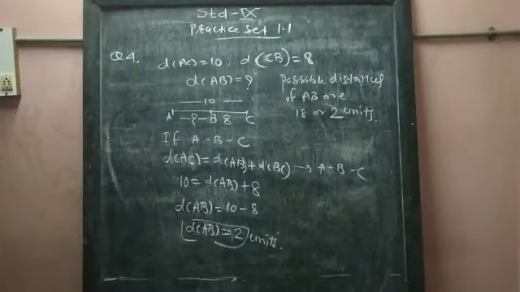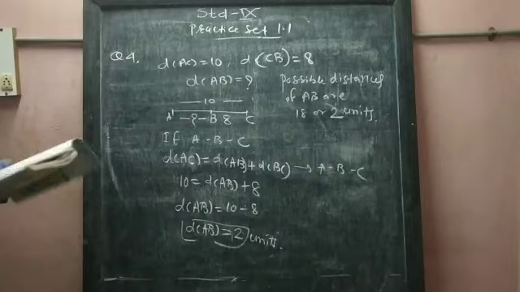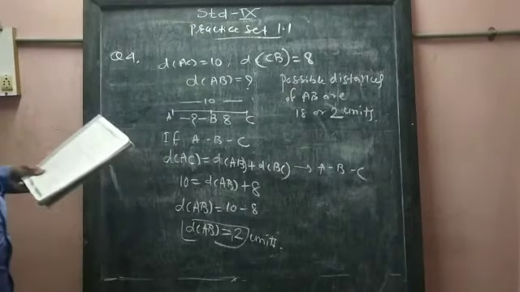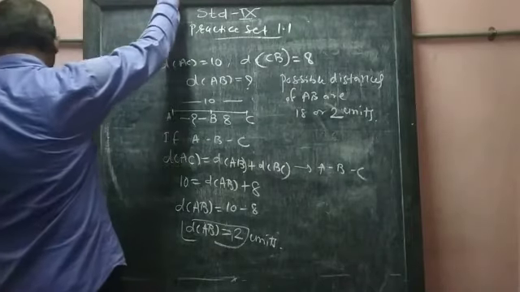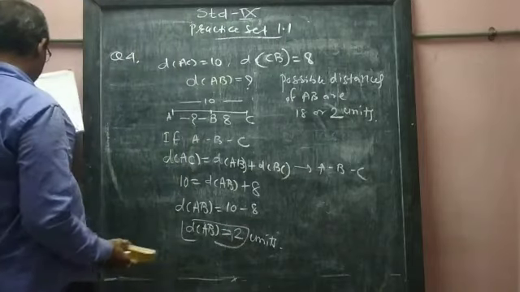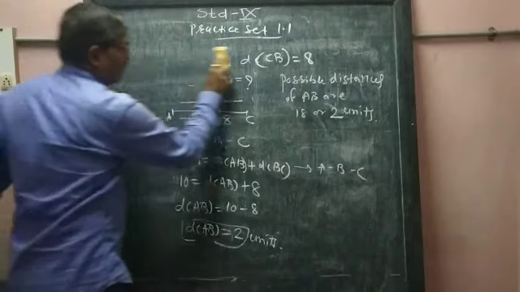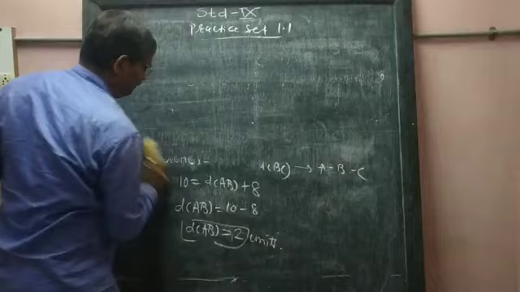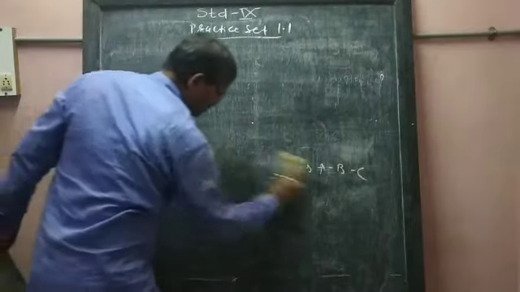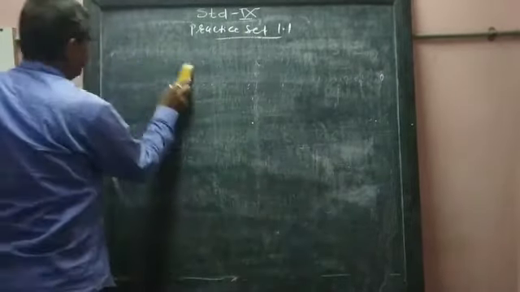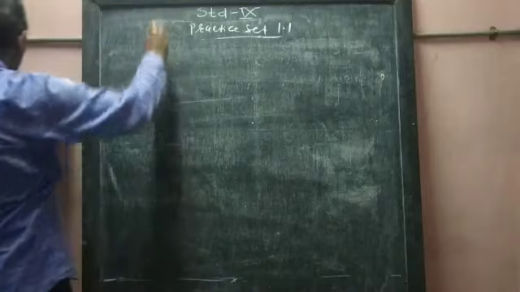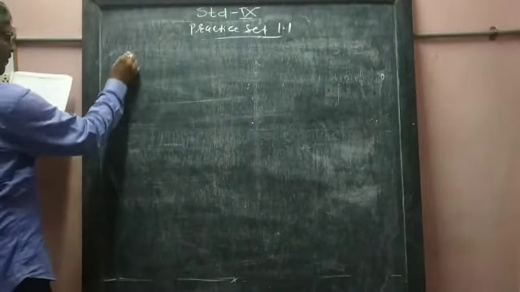Okay, is it clear? Now we will enter question number 5. It is so simple, actually you can solve it by yourself also. It is given in verbal format. A word question is given.